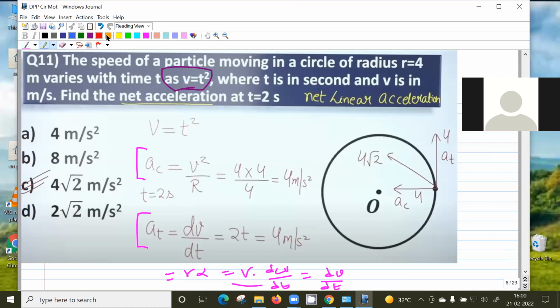Then it will become d of r omega, that is dv by dt. This formula itself is enough.